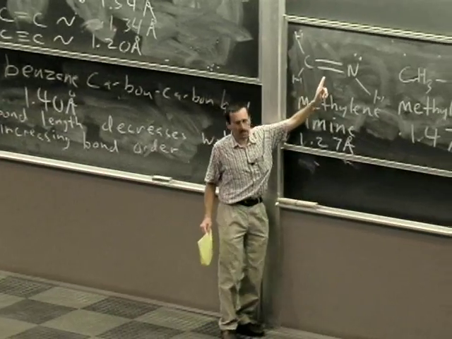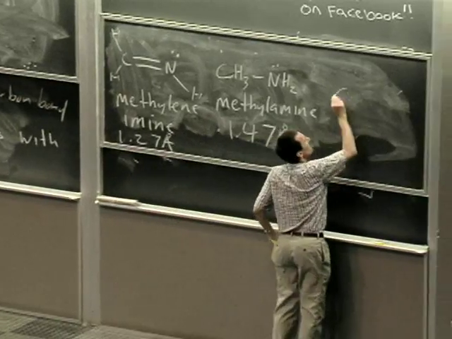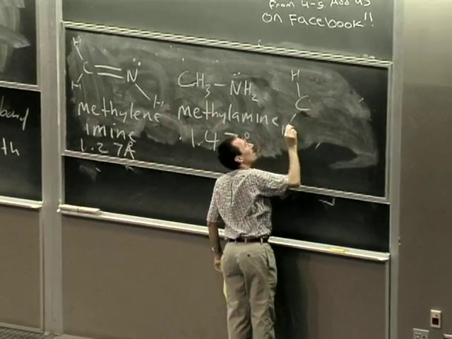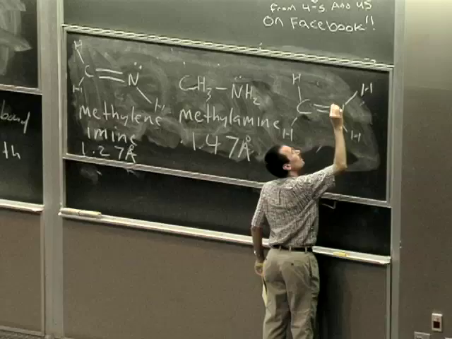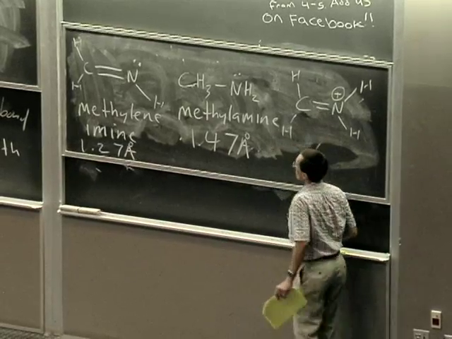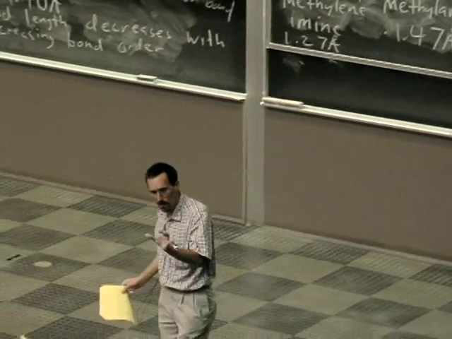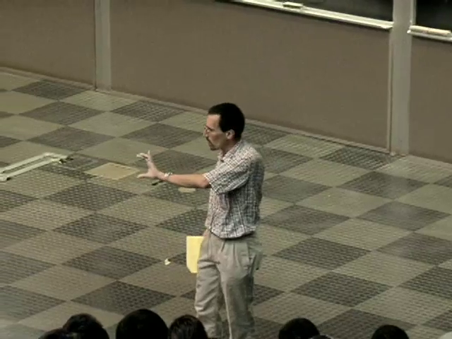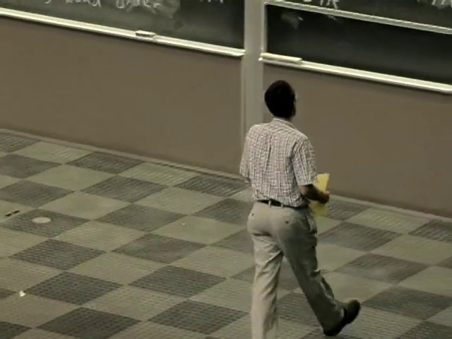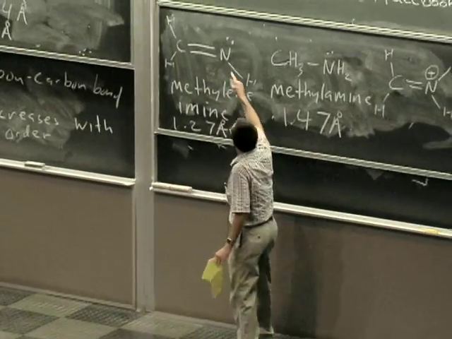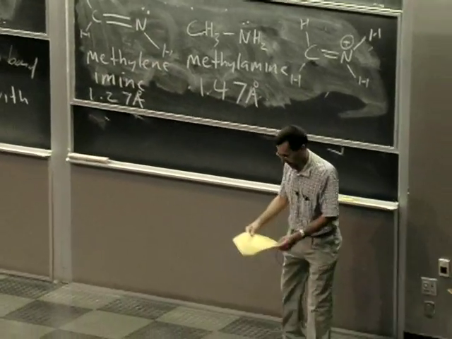Now, let's consider the protonated analog of methylene imine, the methylene iminium ion. Just as in formaldehyde, where I said imagine for a moment putting a proton on the lone pair of electrons of the oxygen, here I'm saying imagine putting a proton on the lone pair of electrons on methylene imine.